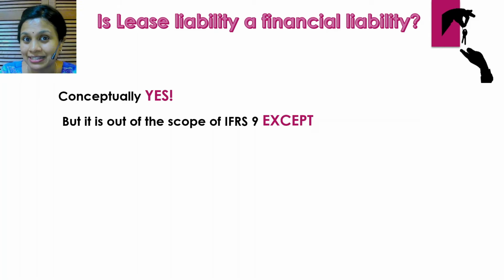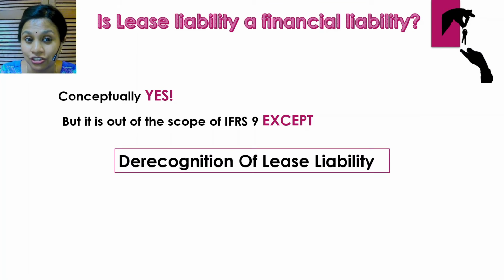Because there is an exception. And that exception is that those provisions of IFRS 9 that relate to derecognition of a liability do apply to a lease liability. And if you see this particular scenario, it does include derecognition of a lease liability and recognition of a new liability in its place.